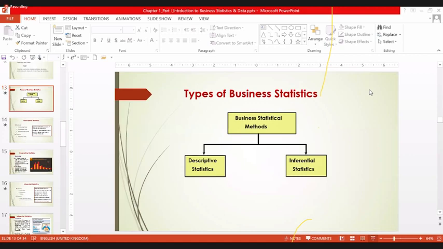So now we are looking at this example. Here survey results are used to look at whether TV commercials motivate people to shop at a particular retailer. They want to find this out, so they make a survey.